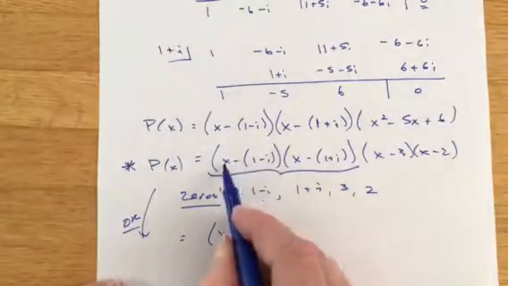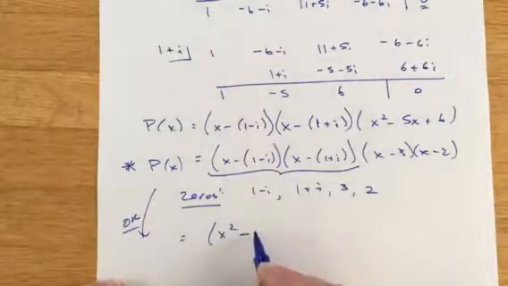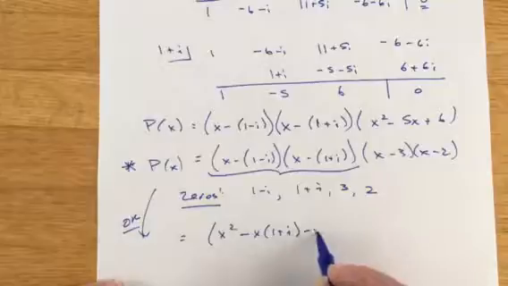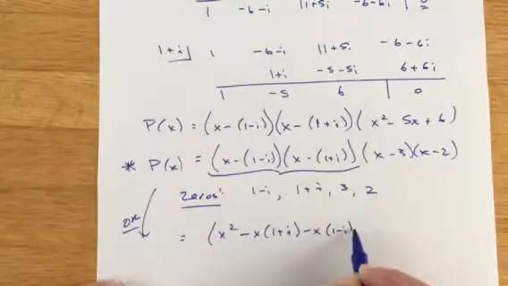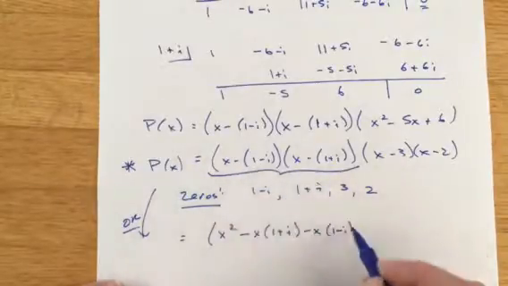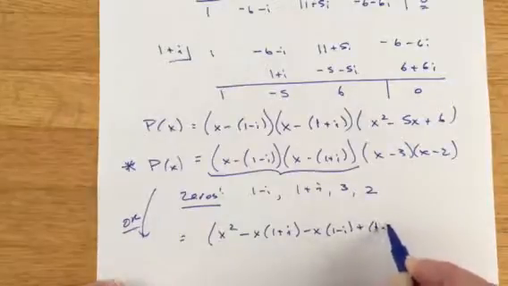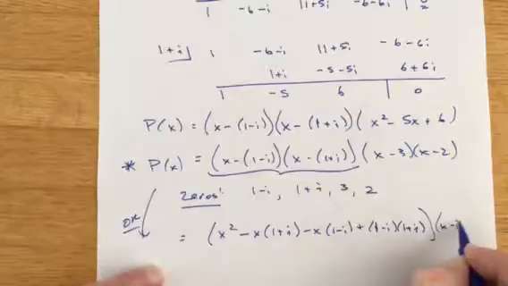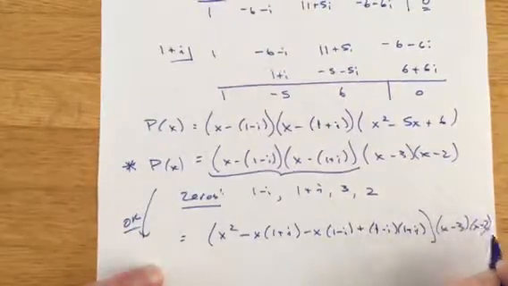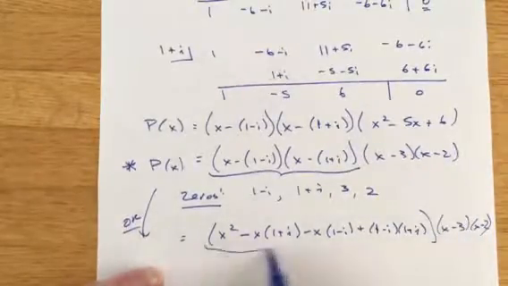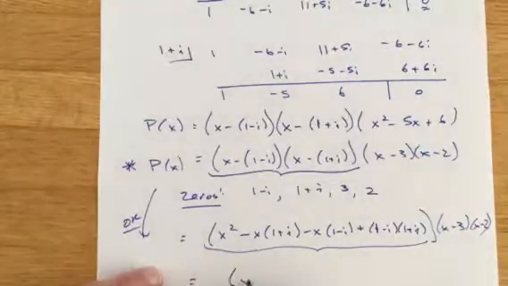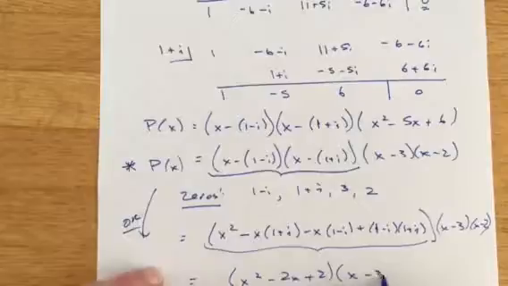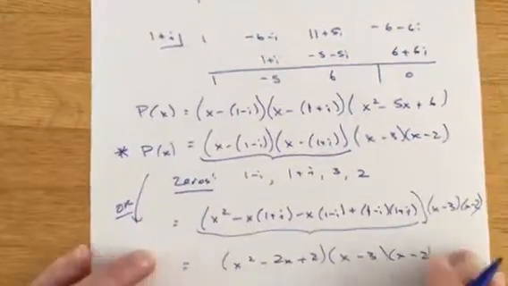The outer is x times the negative 1 plus i. The inner is a negative x times the 1 minus i. And the last, negative times negative, is positive, and we have 1 minus i times 1 plus i. We still have x minus 3, x minus 2. If you clean all of this up, it turns out to just be x squared minus 2x plus 2, and then you have x minus 3, x minus 2.